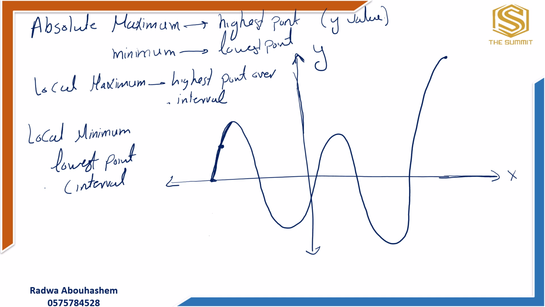So let's see here. Where is the lowest point on the graph here? This is the lowest point. So for me, this is the absolute minimum. Where is the highest point on the graph? The highest point on the graph is here. So this is the absolute maximum.